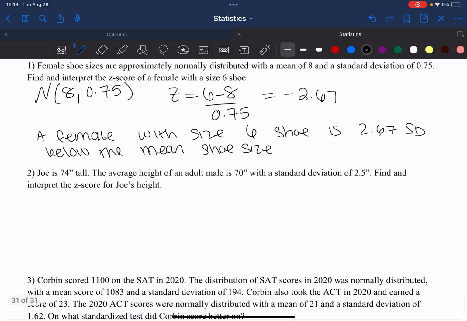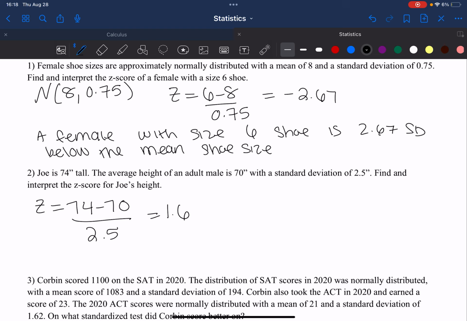Number 2 says Joe is 74 inches tall. The average height of an adult male is 70 inches tall with a standard deviation of 2.5 inches. Find and interpret the z-score. Well, same thing. We have z is equal to 74 minus 70 over 2.5. This gives us 1.6.